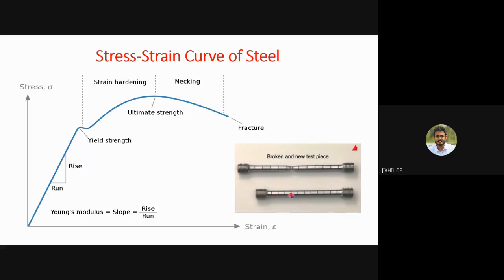That means the rebar is subjected to elongation, and this is a test for obtaining the stress strain curve of steel. When you stretch the steel, the initial part of the stress strain curve will be a linear curve. You can see the variation between stress and strain. It's a linear curve up to some point, then it changes the linearity.